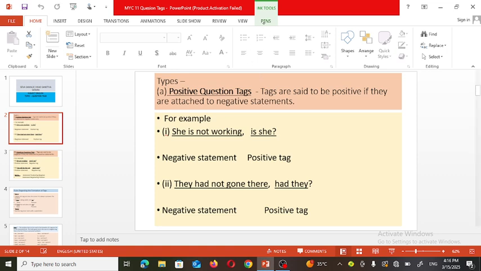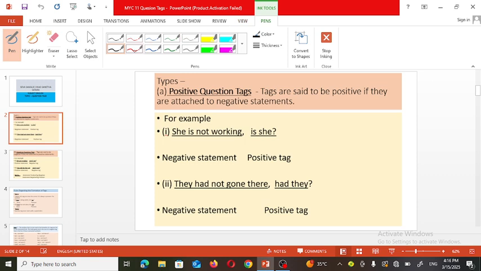On the screen, you are able to see a few examples. Here, in the first example, the statement is: she is not working. As you can see, not is used, so the sentence is negative. So definitely the question which is tagged with the statement must be positive.